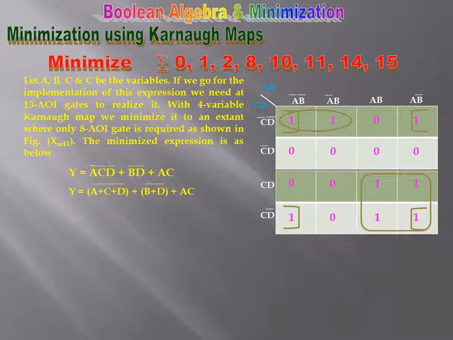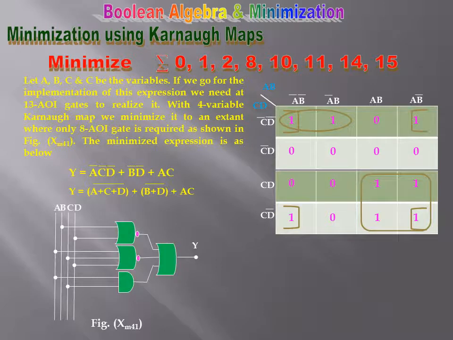It will be NOR, so it will be B NOR with D. And then we have the AC, so a simple circuit can be there for the implementation of this expression.